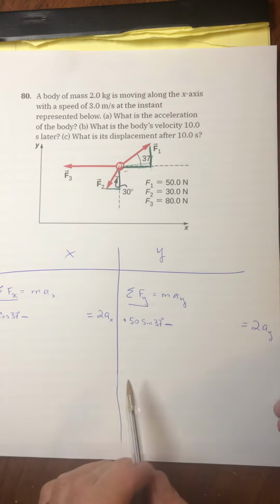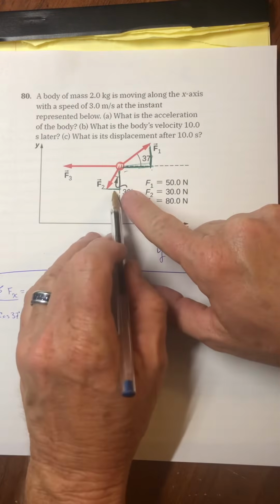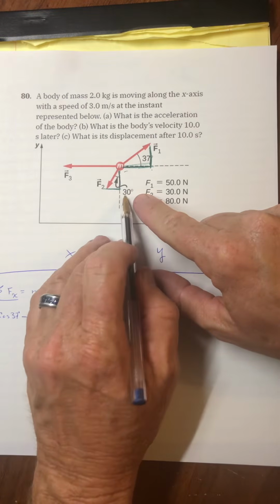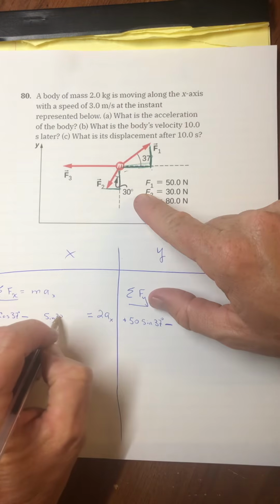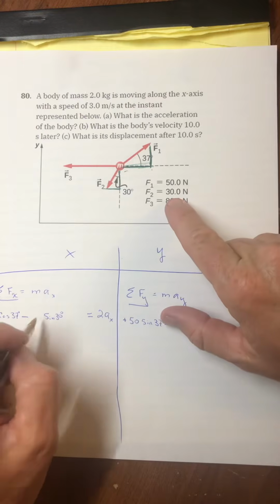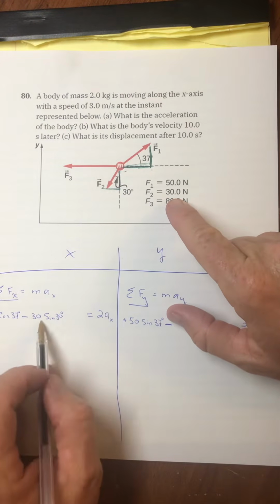Now, to get the x component here, I want this piece, which is opposite of the 30. And opposite is the sine function. So this should be sine of 30 degrees, times the hypotenuse, which is 30. Oh, good. They gave me another easy one, because sine of 30 would be a half.